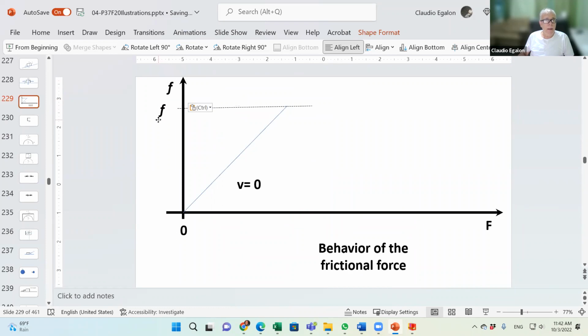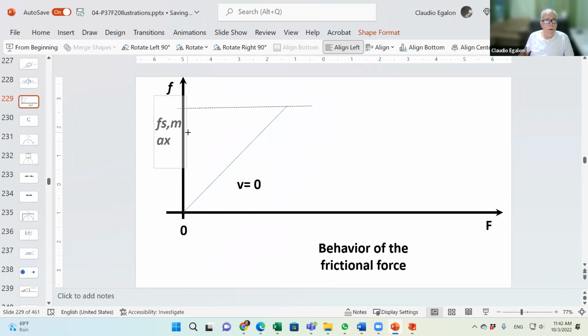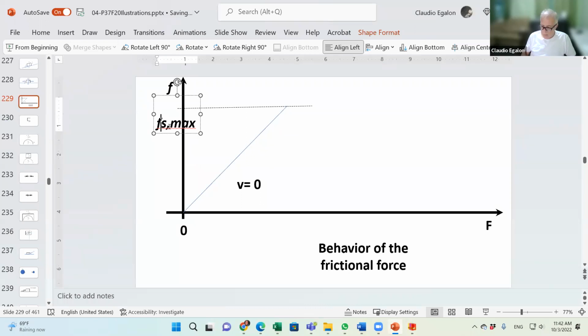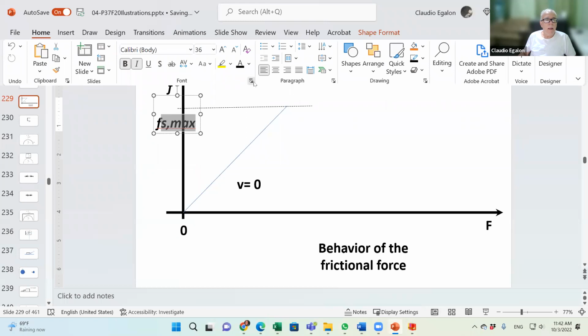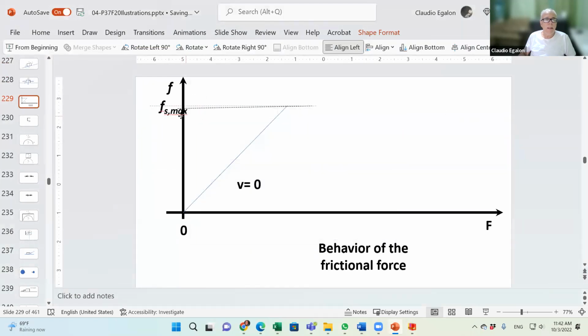Maximum value, I write that down as the maximum value of the force of static friction, with a subscript. That's the maximum value of the force of static friction.